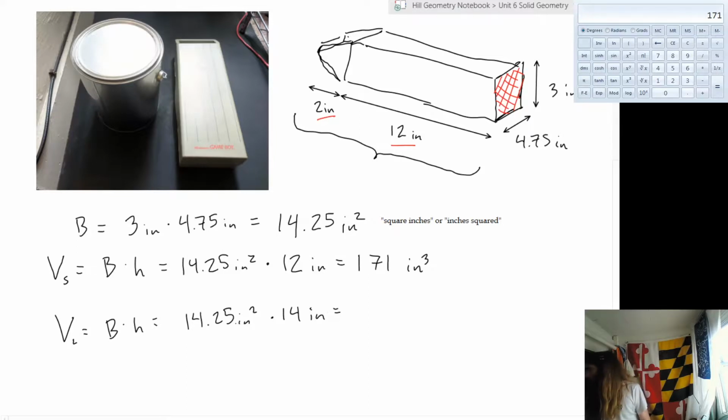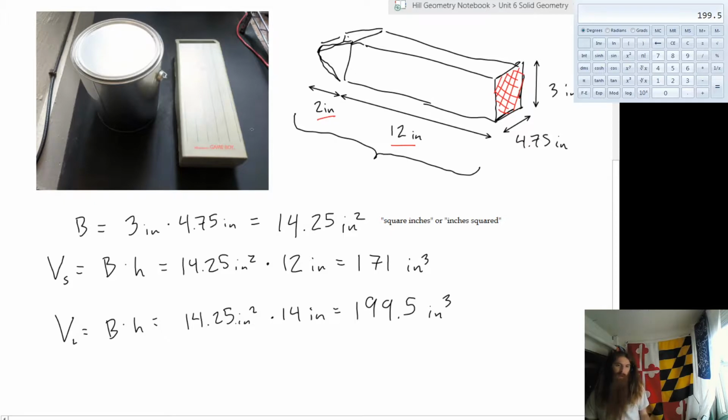And let's type this in. It's 14.25 times 14, which is, wow, almost 200. So I've got 199.5, and again, this is cubic inches, or inches cubed. All right, so that's me finding the largest possible volume and the smallest possible volume.